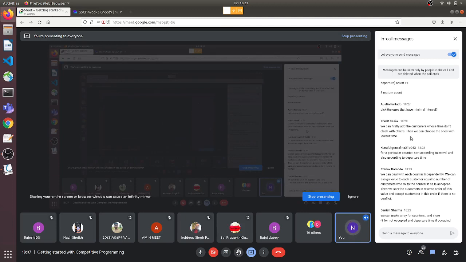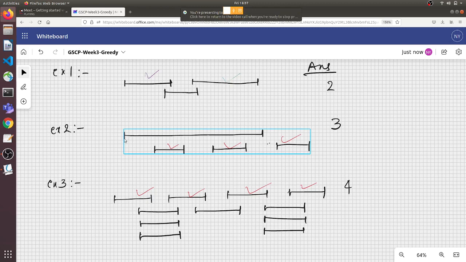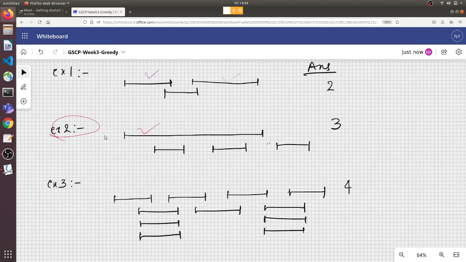And many of you have told me to sort them according to the arrival time. Okay, if we sort them according to the arrival time, let's say for example 2, and then pick the one which is coming first, then we would have picked interval 1.